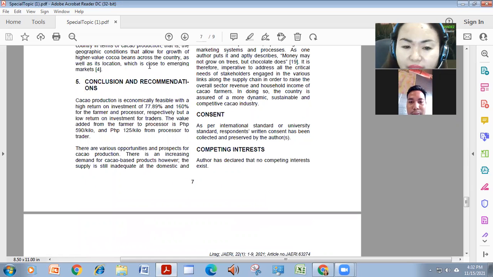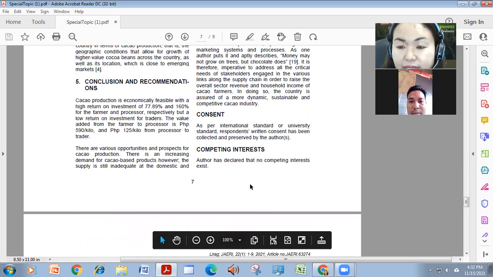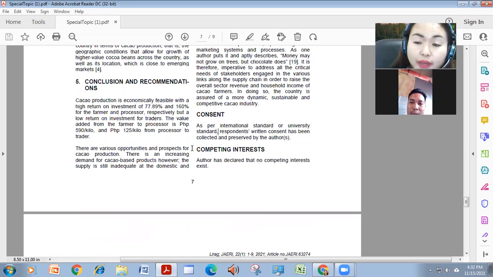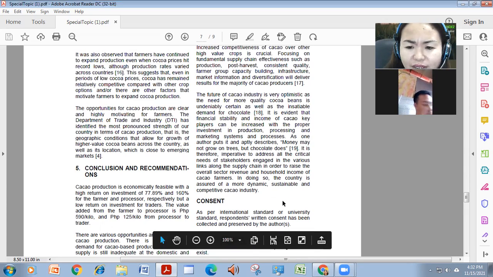If you notice, we have consent and competing interests. It means that all those interviewed gave their permission or consent, that they are being interviewed of their own will. And you also need to declare competing interests, if there are no personal issues regarding this research. So I guess that's all.